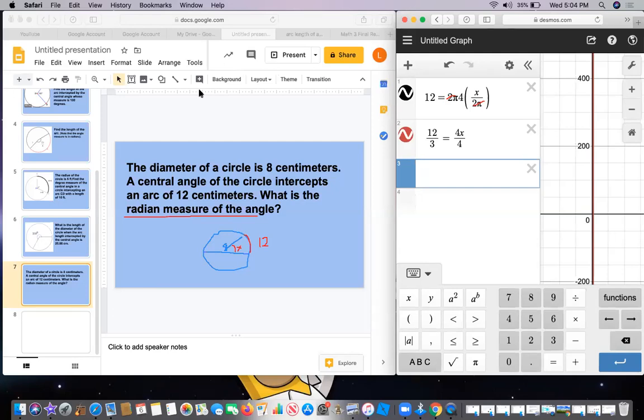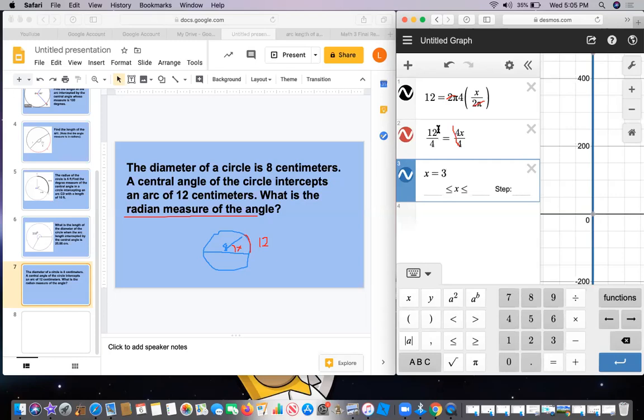So by the way, this is 4, so you divide that one by 4. And of course, 12 divided by 4 is 3. Now, what does this mean?